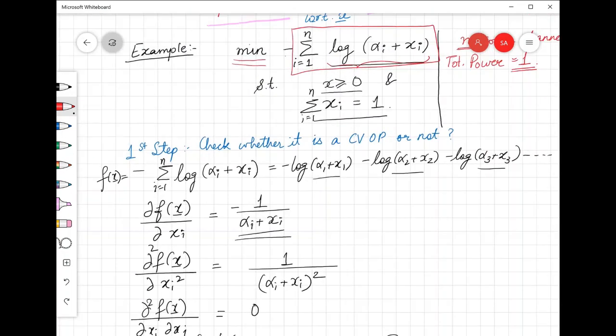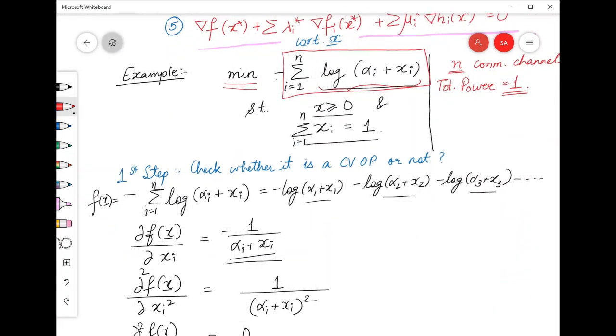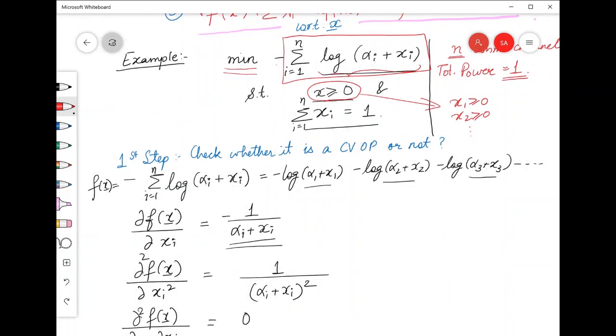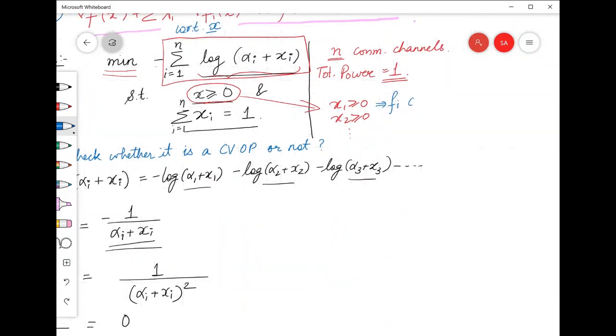Now let me turn back to the constraints. The first constraint is x greater than or equal to 0. It means that x_1 is greater than or equal to 0, x_2 is greater than or equal to 0, and so on. So what are my f_i's? Here f_1(x) is x_1, f_2(x) is x_2, each greater than or equal to 0. Now you can do a similar exercise here also.